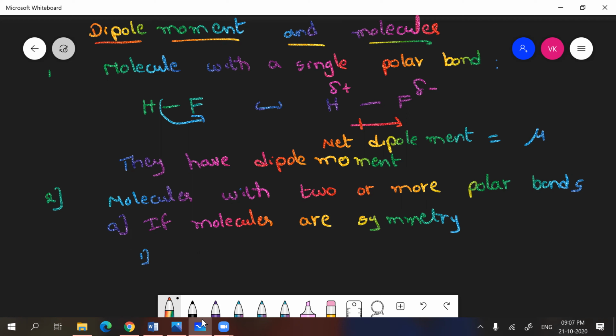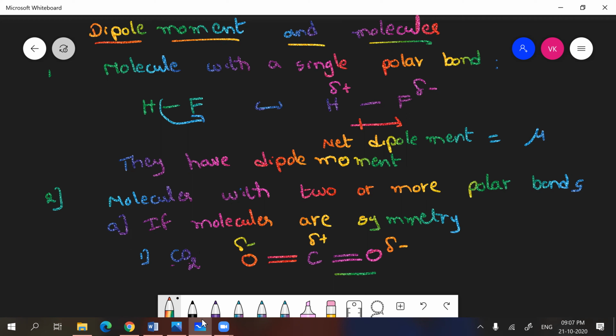First example, carbon dioxide. Here between carbon and oxygen, there is an electronegativity difference. Automatically there exist polar bonds. Here oxygen is more electronegative, so carbon will get positive charge.